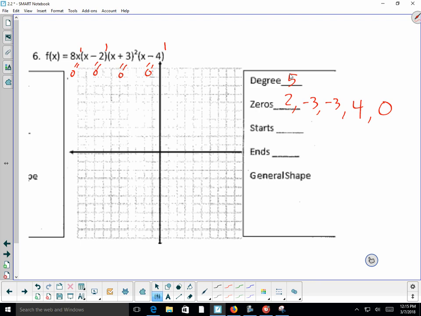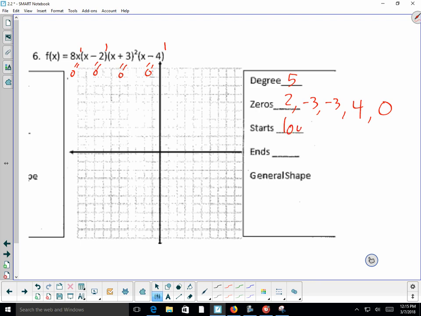All right. And what about starting behavior and ending behavior? Pierce? Okay, so the degree is odd, and the leading coefficient positive, so that would mean it is going to start low and end high.